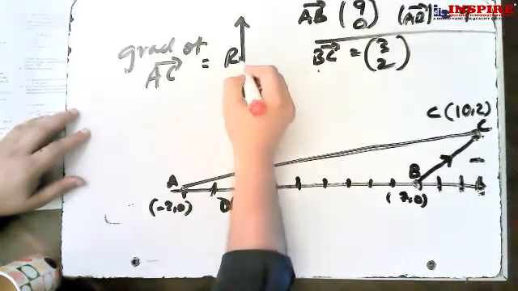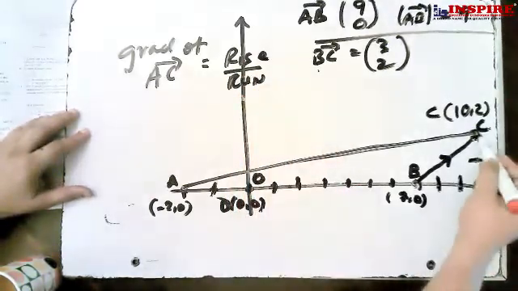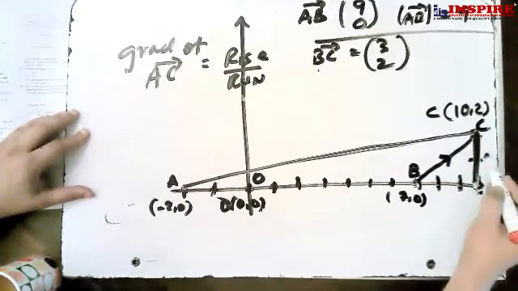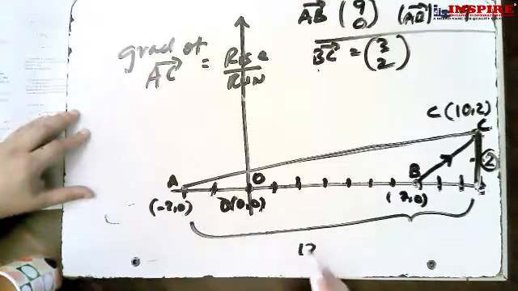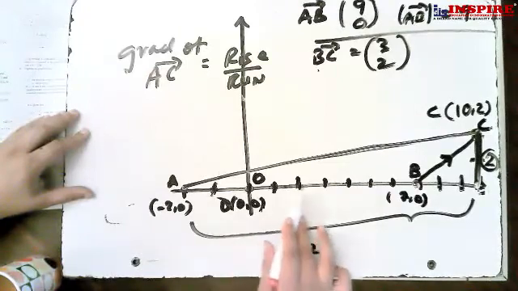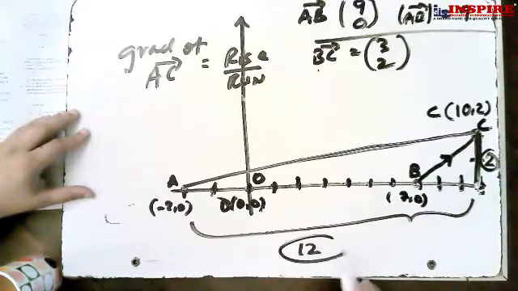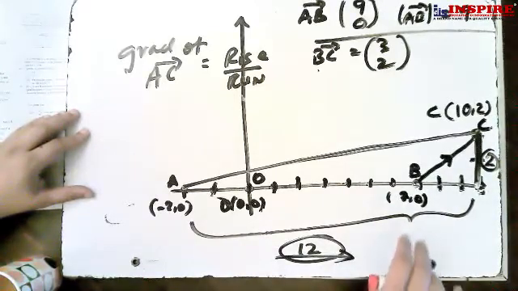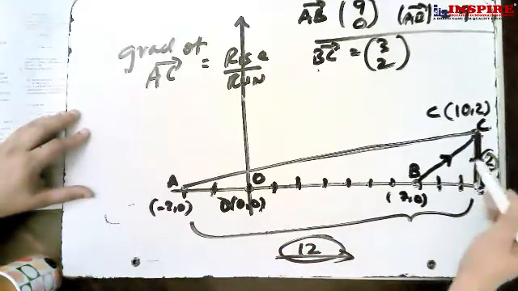What's the rise? Two. And what's the run? 12. 1, 2, 3, 4, 5, 6, 7, 8, 9, 10, 11, 12. You run horizontally, yeah? Unless you're a lizard. And what's the rise? 2 units.